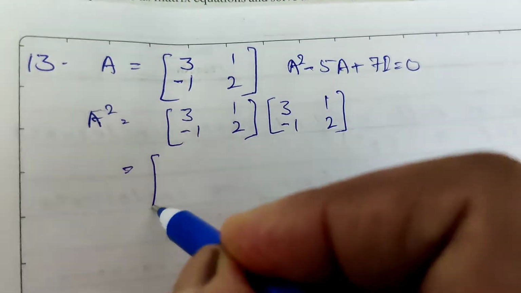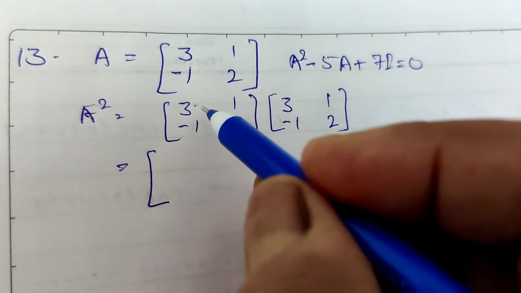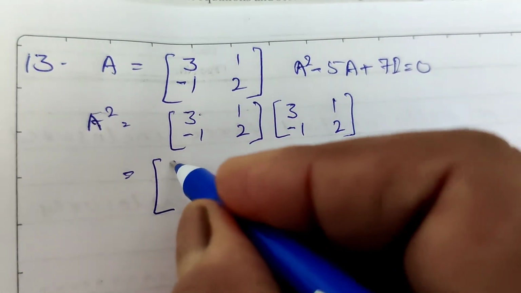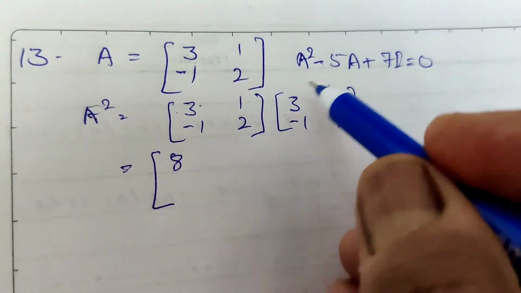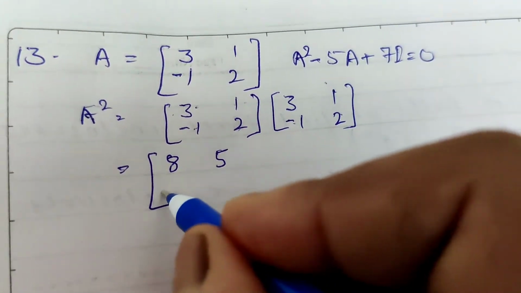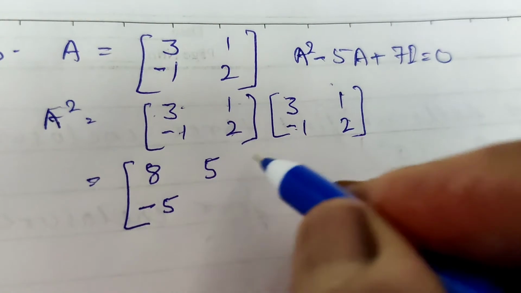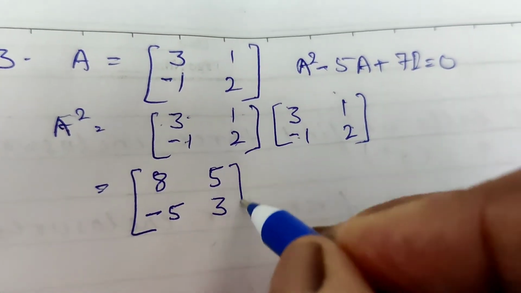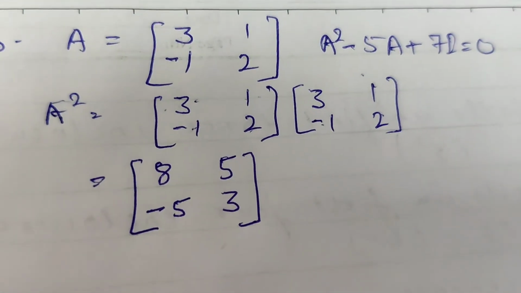This will equal to 3 into 3, 9, minus 1, it is 8. Minus 3 plus 2, minus 1. 3 plus 2, 5. And minus 1 plus 4, it is 3. This will equal to the A square.